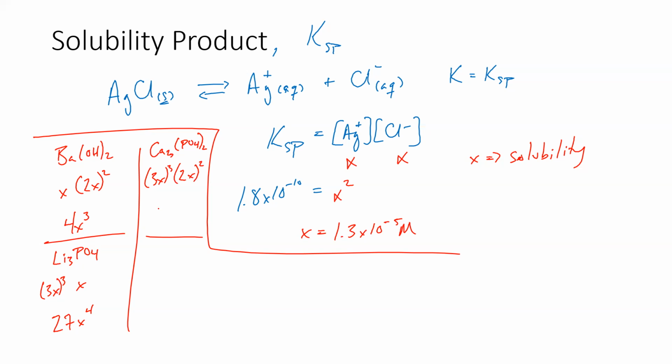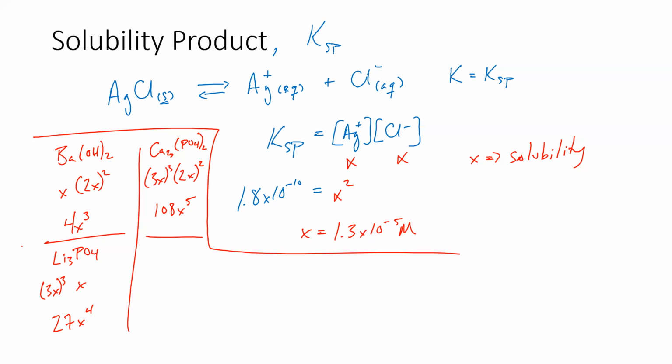That's 27 times 4, yeah, that's 108 x to the 5th. Now, if you have a 2-to-2, those are unusual because we would normally just write those as 1-to-1. But you know, mercury is that funny thing where mercury 1 is really Hg2 2+. We won't worry about it.